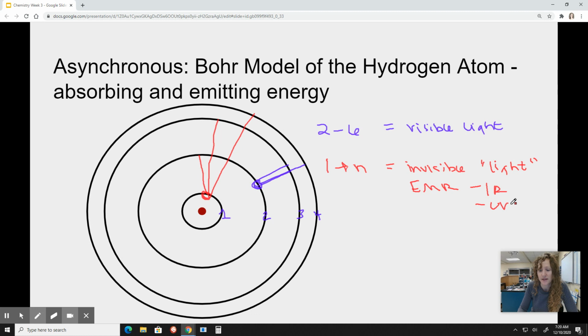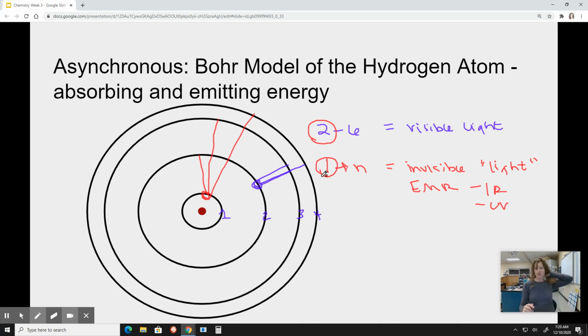Infrared, ultraviolet, and then you can go the whole gamut of the electromagnetic radiation if you have the right transitions. And so this is why our model always used the second energy level kind of as a home base, because it resulted in visible light being emitted, and that's really the easiest one for us to talk about. But the electron has a ground state in the first energy level, and the electron can transition from the first energy level also. That just results in infrared and ultraviolet light.